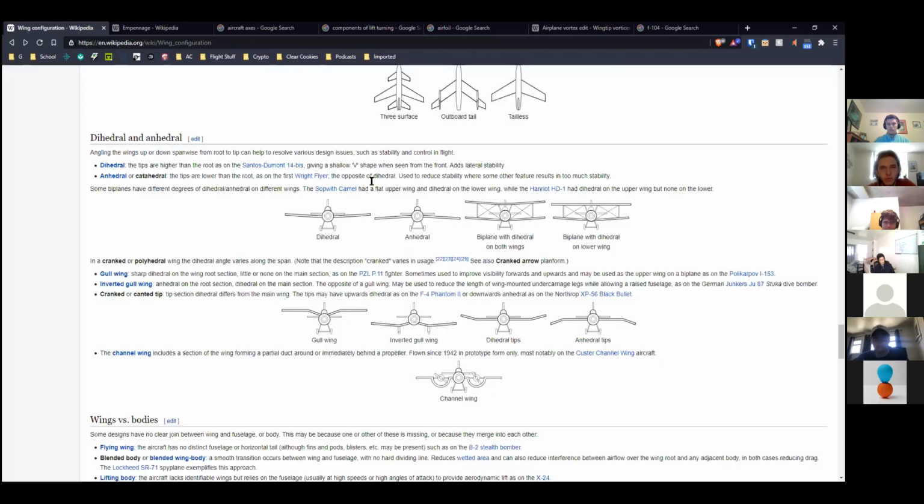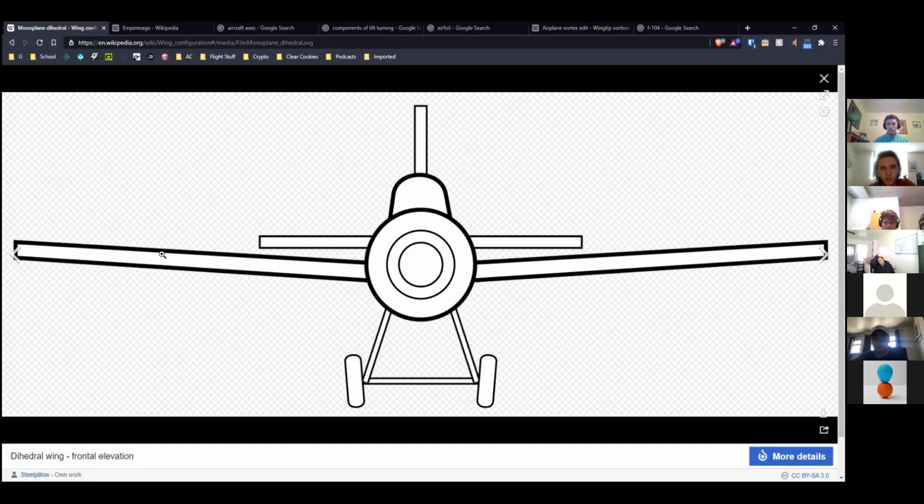So basically, remember how we were hanging the fuselage weight relative to the wing? If the lift is in this direction, then if the plane is banked a little to the side, let's say it was banked just enough that this wing was completely level, horizontal, and this wing was up a little higher, then this wing would have a little less vertical lift because it's banked more, and it would have a little more horizontal lift, and this wing would only have vertical lift.